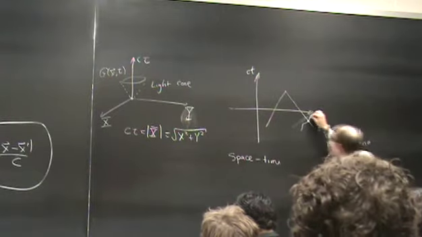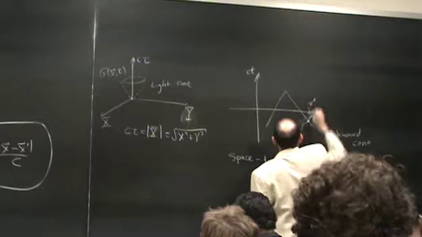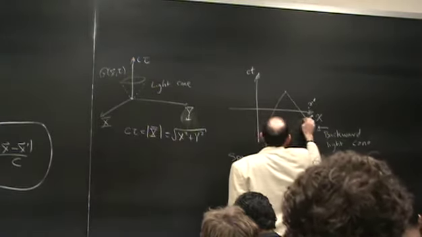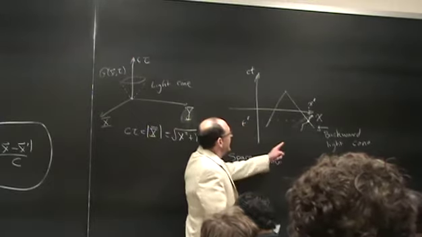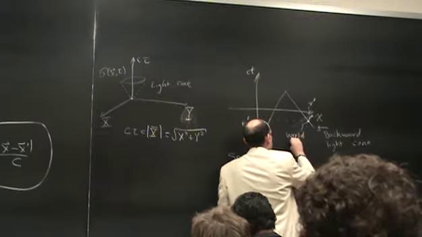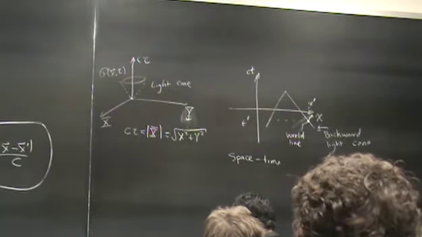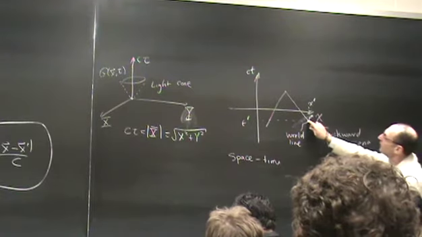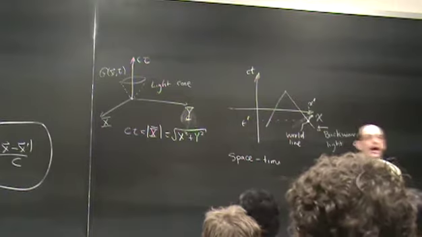So this is the source at position x prime. This is its world line, representing its trajectory in space and time. When it crosses my backward light cone, it can contribute to the signal that I see.